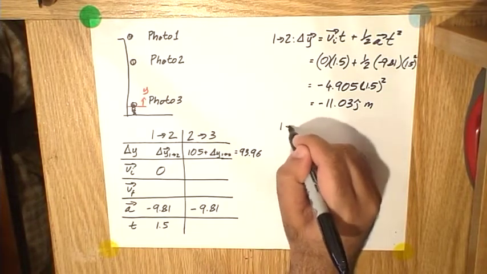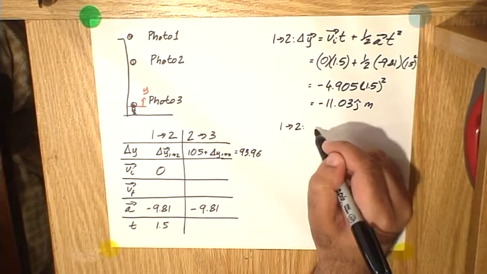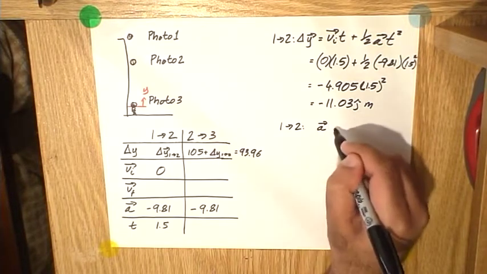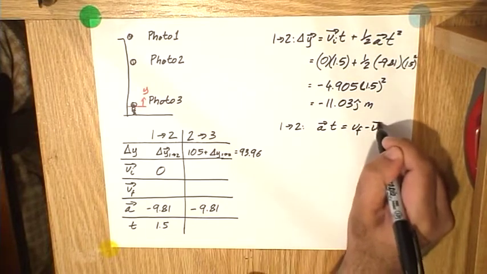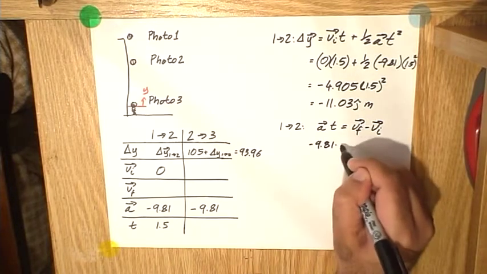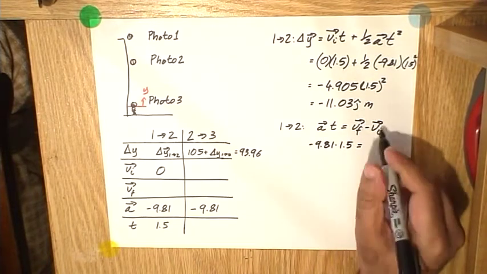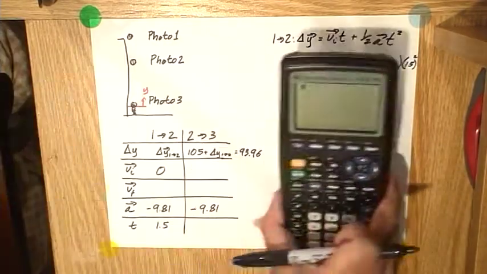So from 1 to 2, let us use toolbox equation 1. AT is equal to V final minus V initial. Negative 9.81 times 1.5 is equal to V final minus V initial, which was 0.